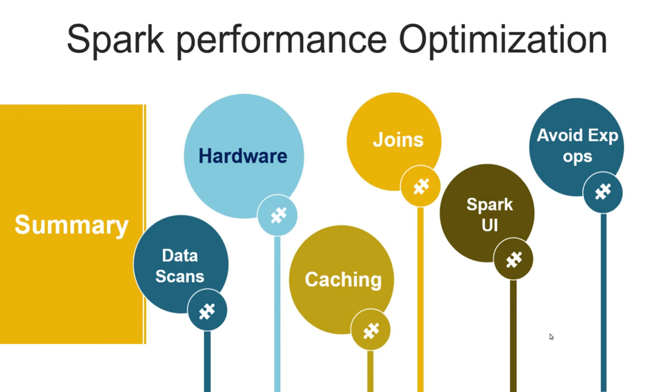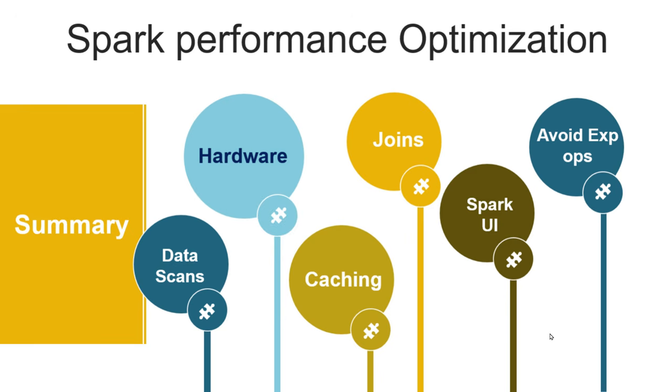What kind of hardware we are using is also important, in terms of disk, network IO, cores, memory, etc. We should utilize caching or persisting wherever possible, so that we can reutilize the data set which we already transformed. For the joins that we are doing, we need to look at what kind of joins we really need, whether we should use broadcast joins wherever applicable, and whether we can give join hints to Spark.